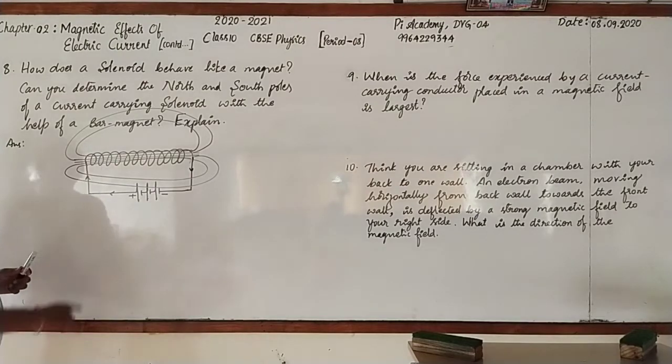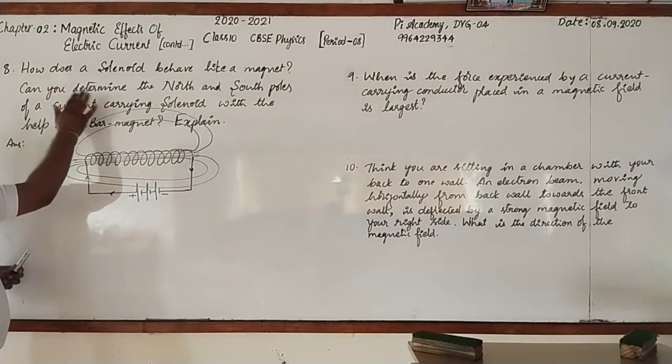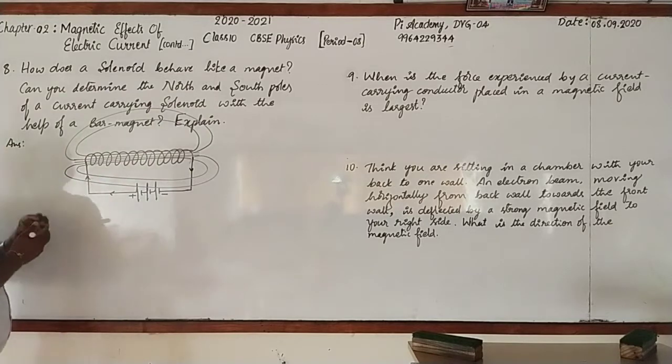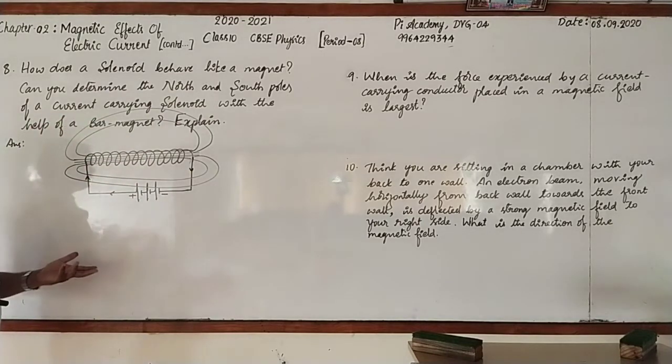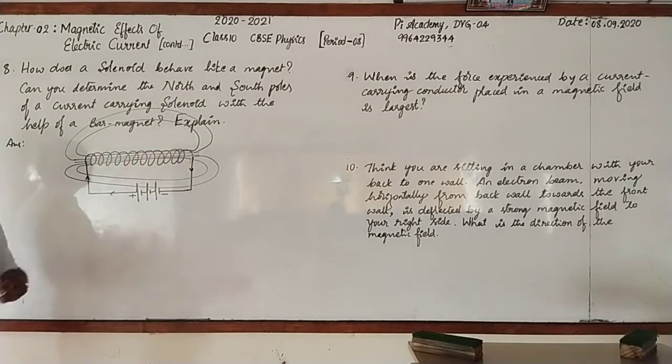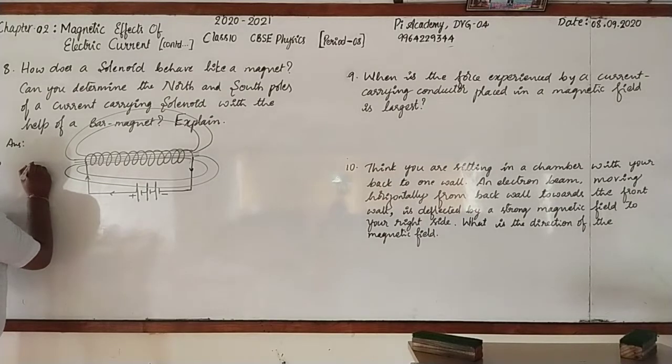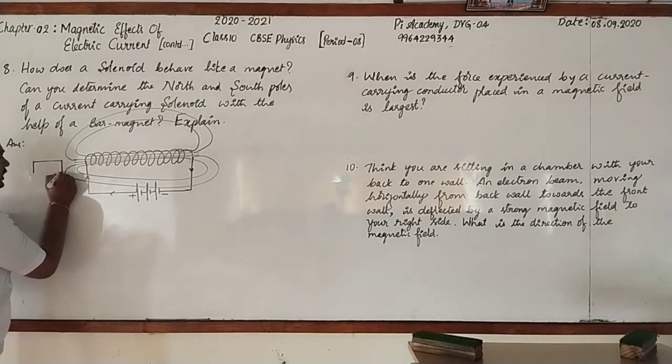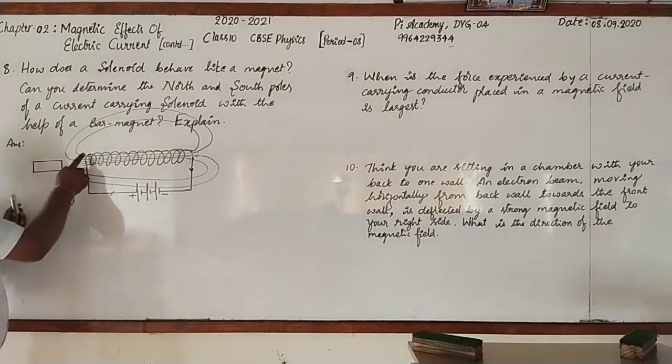Okay. Next, the sub question is, can you determine the north and south poles of this current carrying solenoid with the help of a bar magnet? Very simple one. Look here. You go for taking a bar magnet and bring that nearby any one of the ends of this solenoid.